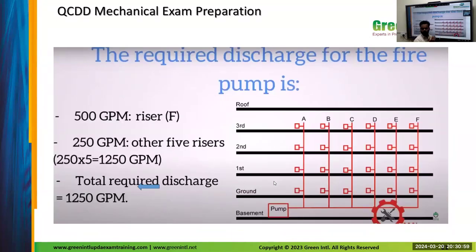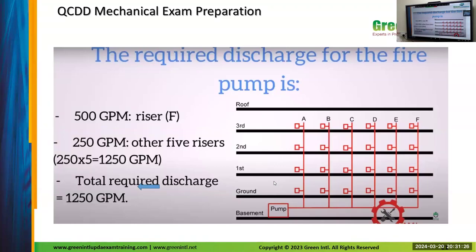Each one is 250. Means 500, 750, 1000, 1250. Only until this can we use a single standpipe system. If we are considering these two risers together, then we have to go for an additional standpipe system. We cannot use more than 1250 GPM.